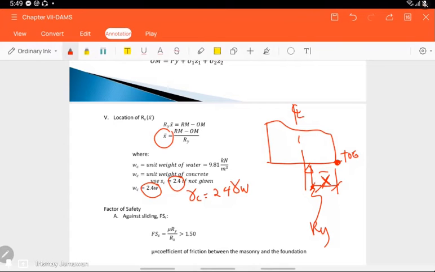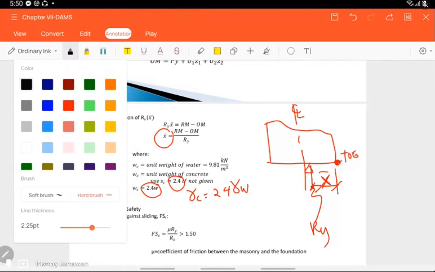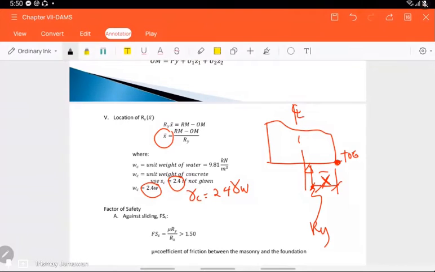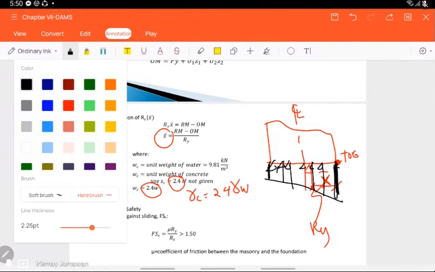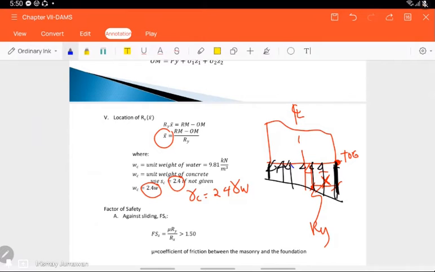It can be that your Ry is at that point. You have to determine where your Ry is, because the soil pressure there is greater, since that is where your load is. On the other side it is smaller because it is far from your resultant. So your pressure can be like this. The basis for this is trapezoidal, but it can also be triangular, depending on the location of your Ry. We will discuss that later.